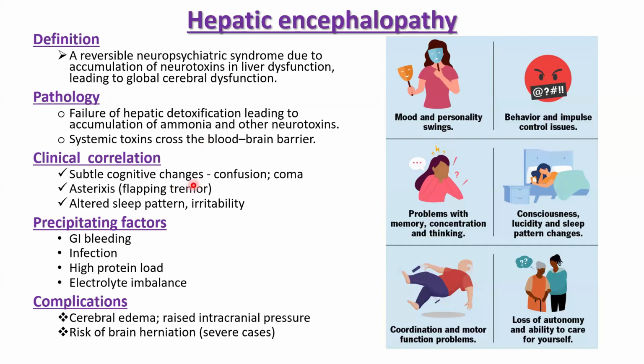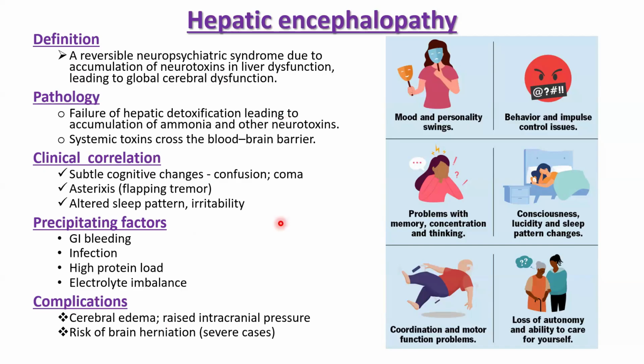So if you increase eating or taking a lot of protein, that will lead to increased production of ammonia and other neurotoxins, leading to hepatic encephalopathy. And also, if you have electrolyte imbalance, maybe hyperkalemia, hypokalemia, or lactic acidosis or such metabolic acidosis, it can lead to hepatic encephalopathy.